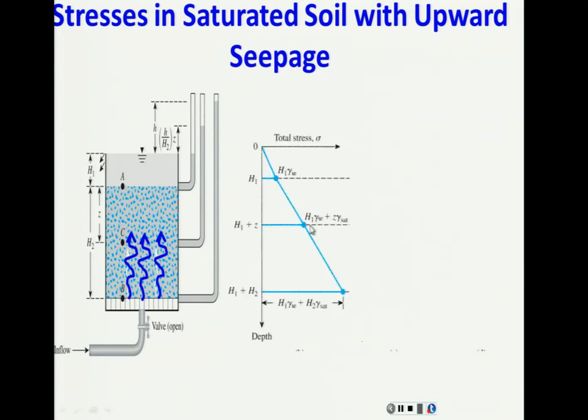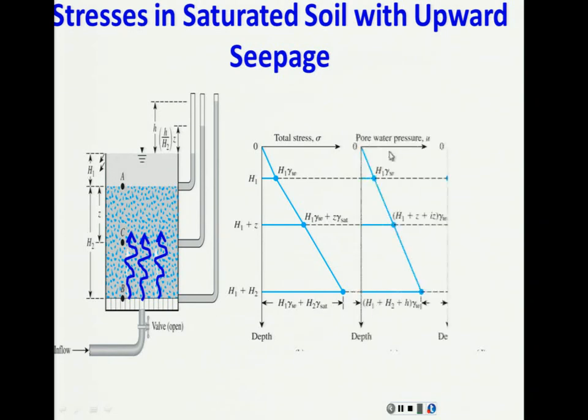So if you now plot your total stress, it is going to be exactly the same, no change at all: H1 gamma water, H2 gamma saturated, H1 plus H2, same as before. The change is happening with the pore water pressure. At this point nothing happens because you don't have soil, only water, and the seepage force happens due to the soil.